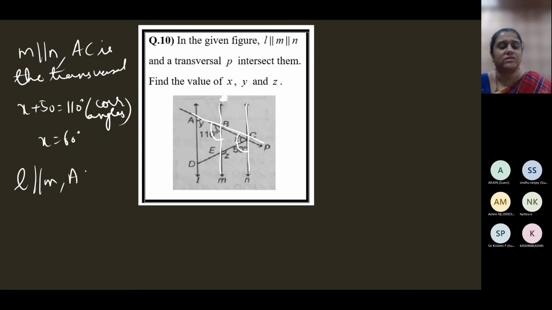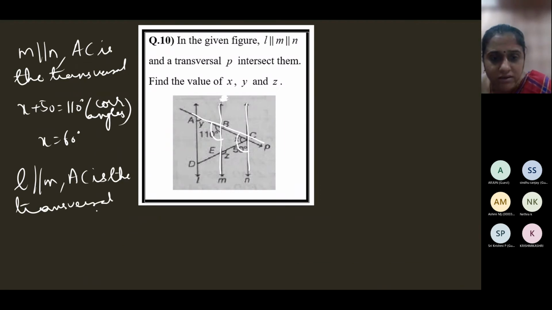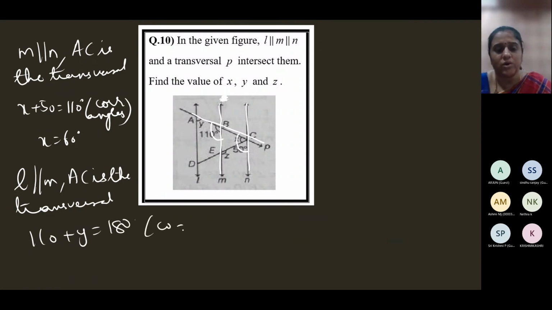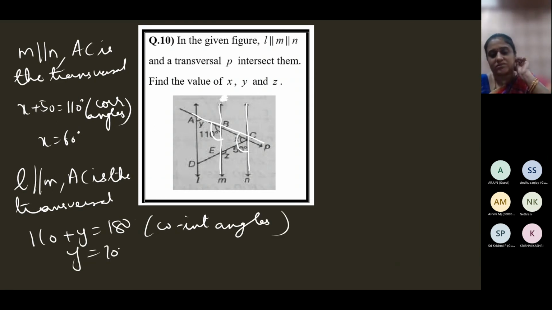AC is a transversal. So you get 110 plus Y is equal to 180, co-interior angles. All right, so now Y is equal to 70 degrees.